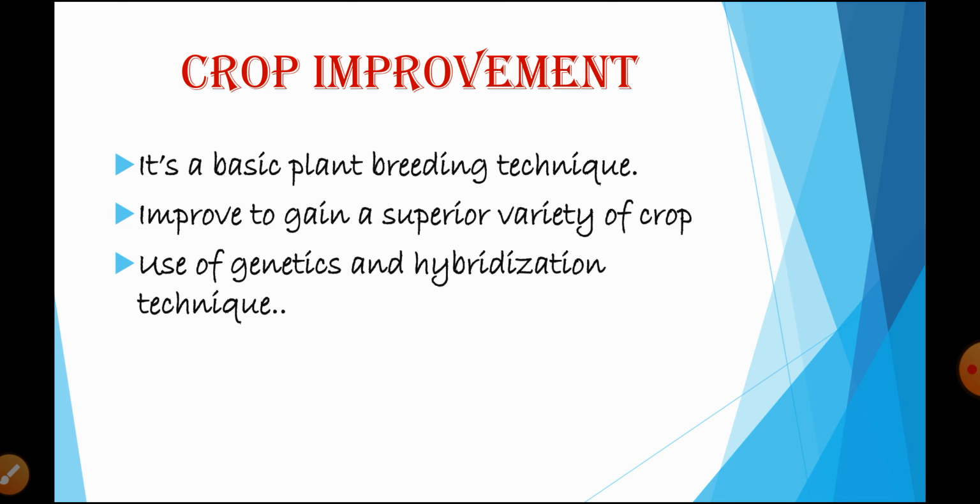So we have to understand that crop improvement includes artificial manipulation. We have to improve the crop. We means the farmers or the scientists have to improve the crop based on what is our need. So crop improvement is actually a basic plant breeding technique.